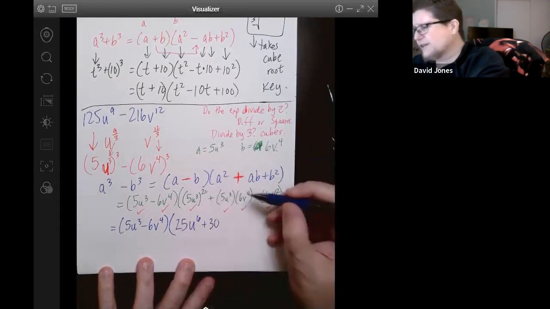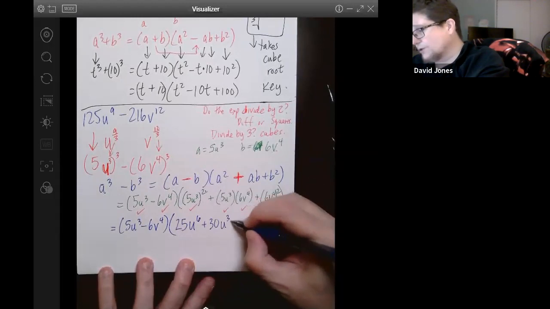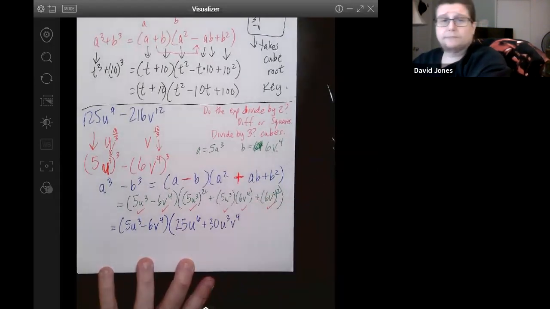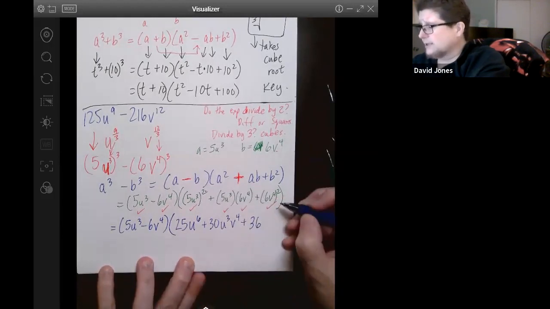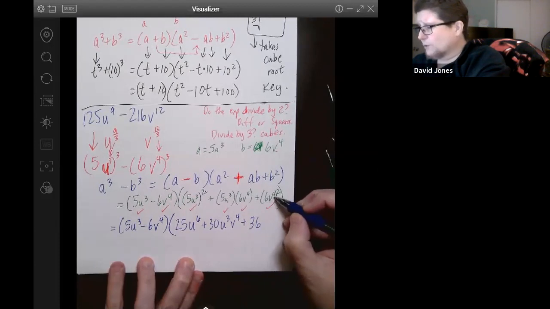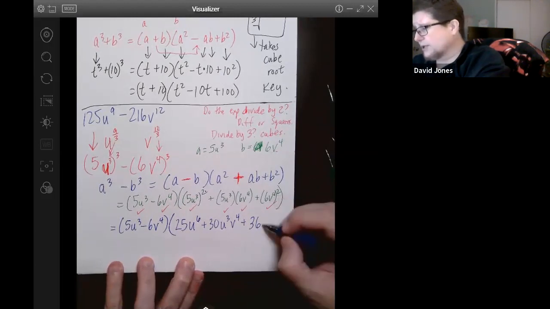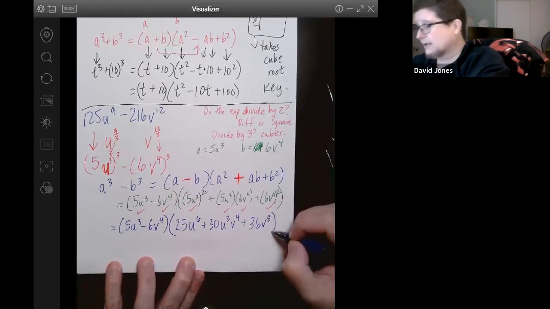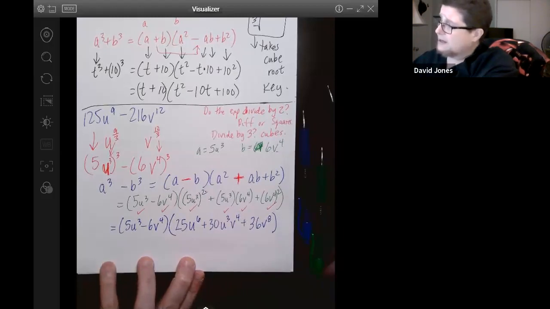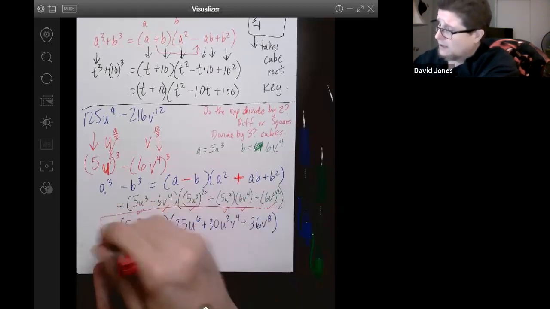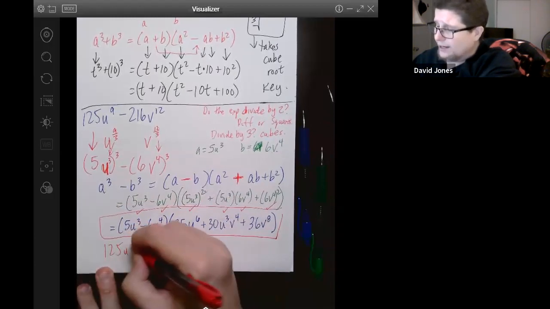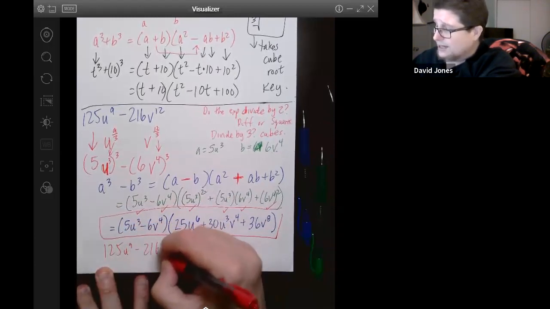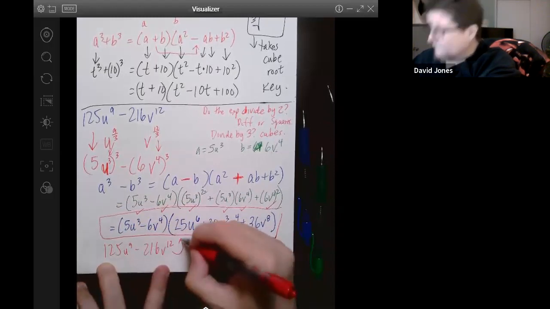And then the u's and b's are different, so I just have to list them both. U cubed, b to the fourth. And then I'll square the 6 is 36. And b to the fourth squared, I multiply the exponents, it's b to the 8. And that was 125 u to the 9th minus 216 b to the 12th. Factors into that.